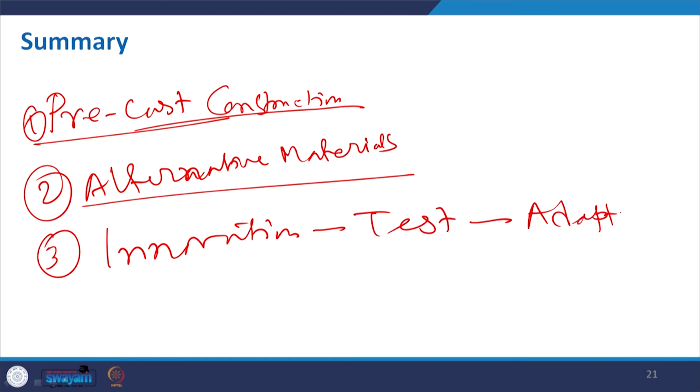This adaptability of new techniques and new materials will take time, but in due course of time one can go for it. Starting from your building design, selecting the material, the right technique, the right orientation of the building, different ways of maximizing daylight, the whole together, from planning to execution, covers the total lifetime of the building.